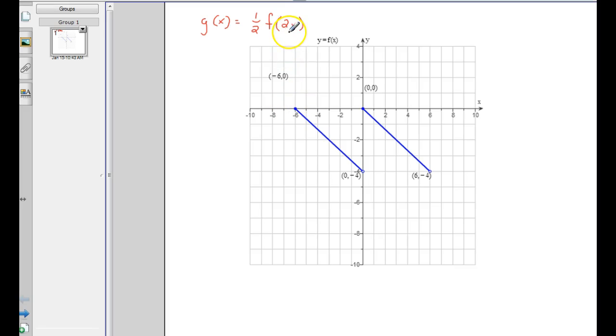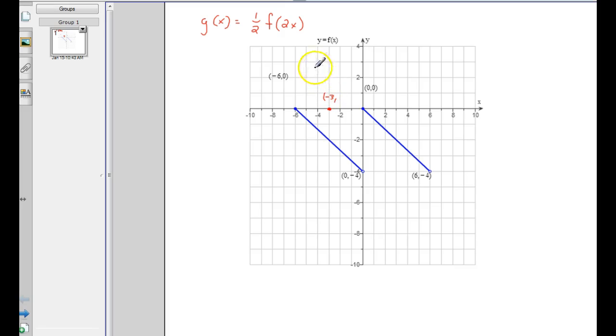Let's first deal with the 2x part. The 2 is making these points take place at half the distance that they originally were, meaning that this point, -6, 0, is going to take place at -3 instead. Why is that? Because this point has an x-coordinate of -3.